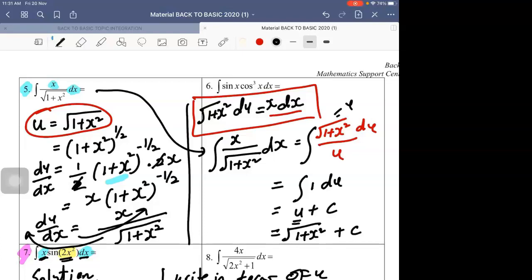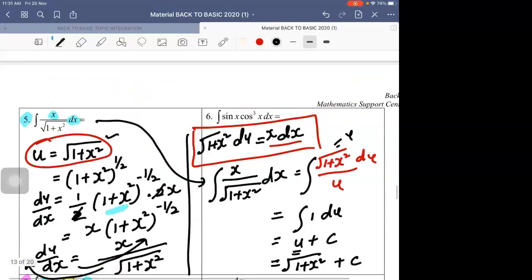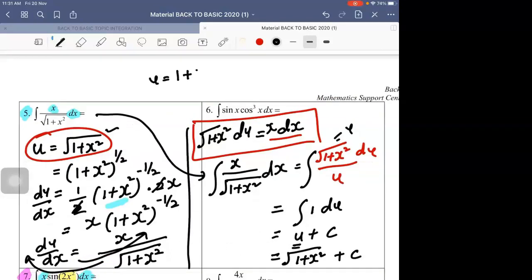Alright. So actually you can either substitute u equal to this, or you can also choose u equal to 1 plus x squared. Because if you differentiate this, you can also get du over dx equal to 2x, which gives you 1 over 2 du equal to x dx.